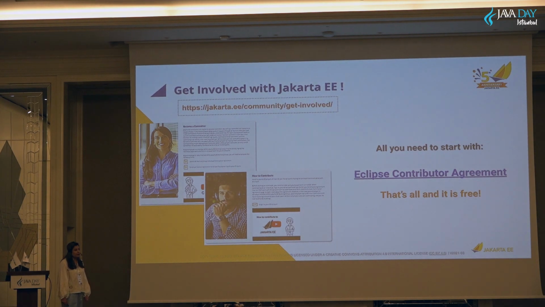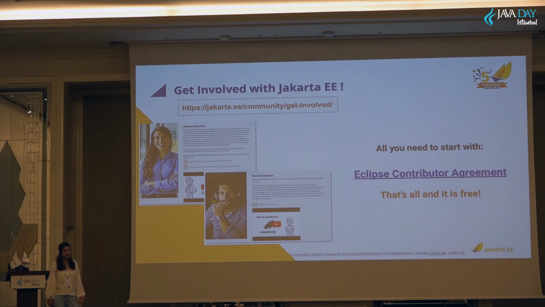But how do you want to get involved? So there is some information. We have a page that you can see, the URL is up there. You can check that out. There are different ways that you can contribute. You can become a contributor or a committer. You can get involved in different projects.